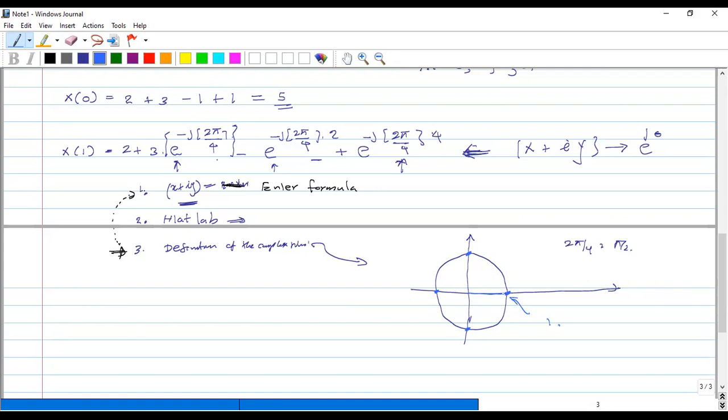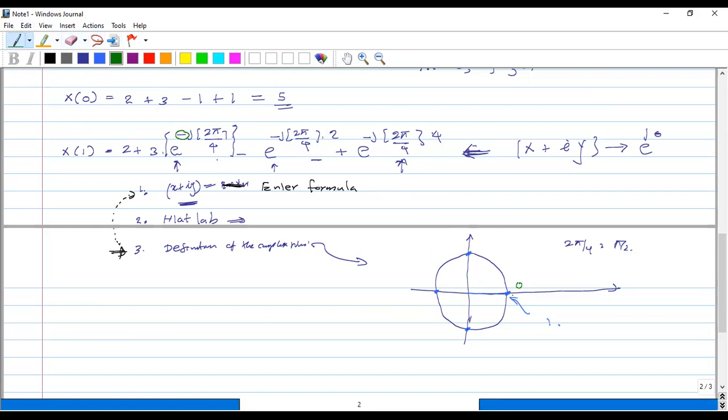So you can mark this as the 0th. And this is the first? No, that is not the first one, because we are using the minus sign here, so we have to go in this way, the minus direction.